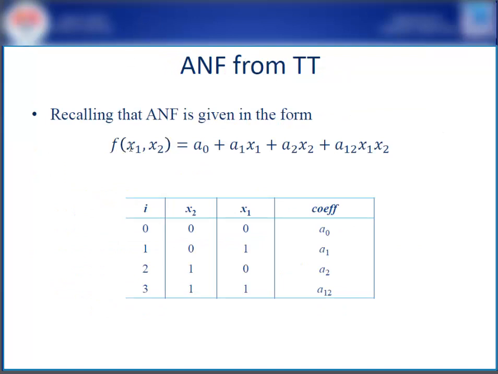Suppose that our Boolean function has only two inputs, x1 and x2, then the algebraic normal form can be of this form, and if we derive these coefficients a0, a1, a2, and a12, then we can find its algebraic normal form. There are two practical methods for calculating algebraic normal form from the truth table.